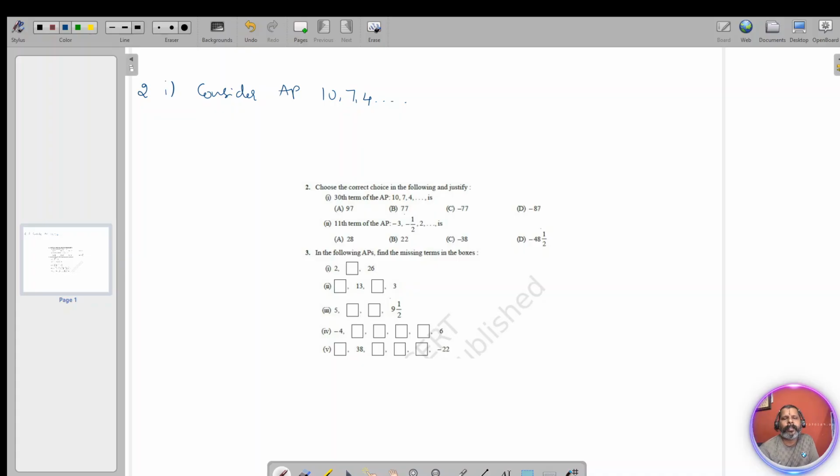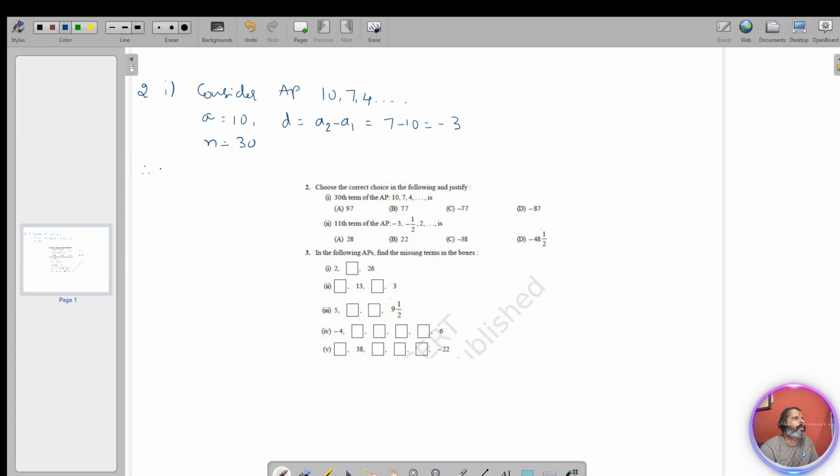We should know a and d because n is 30 already. From this we know the first term a is 10, and d is a2 minus a1, that is 7 minus 10, equal to minus 3. So we know a, d and n is 30 because they want the 30th term.